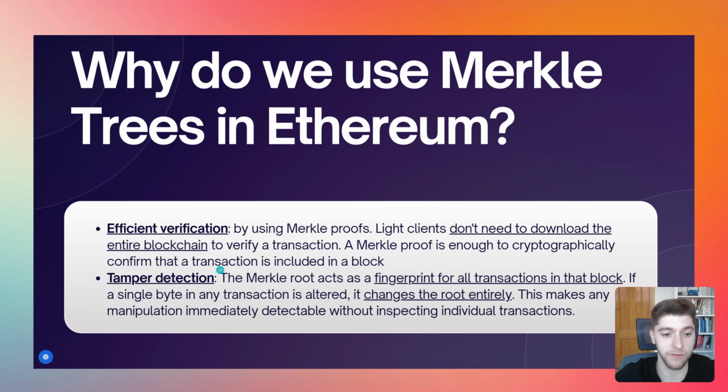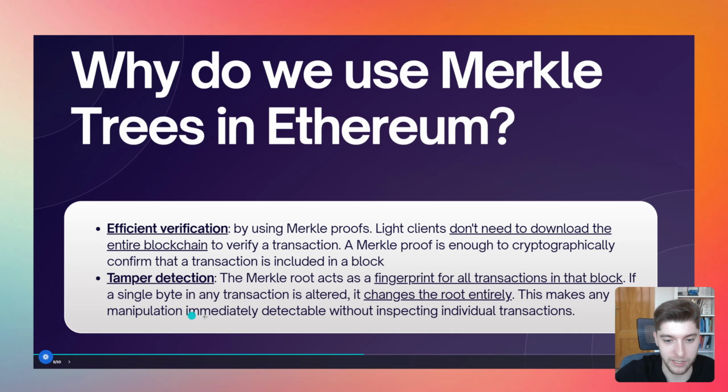And like I said, we use them for tamper detection. The Merkle root acts as a fingerprint for all transactions in that block. And if a single byte in any transaction is altered, if anything inside of that Merkle tree changes or someone tries to change a piece of information, the root changes completely and we would be able to verify that indeed that Merkle tree has been tampered with.